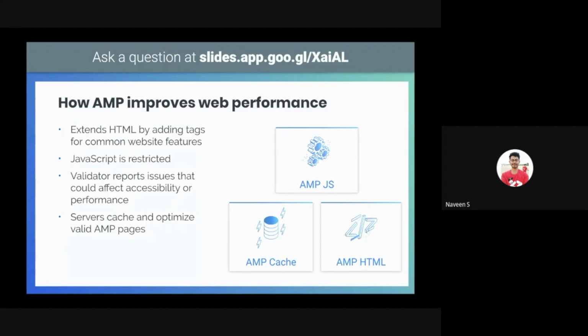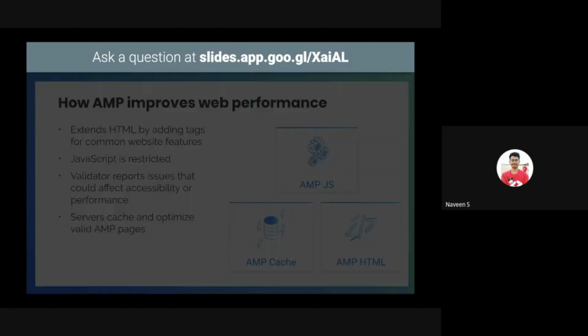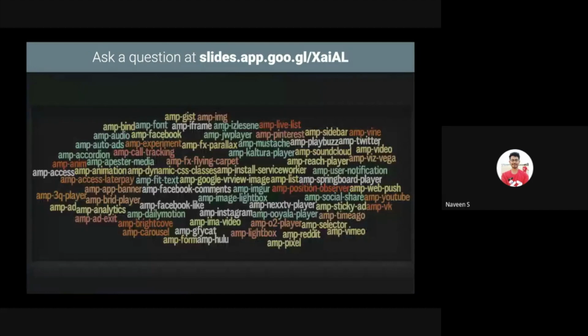And you also have AMP Cache. So if your site is going to be optimized well for mobiles and you use AMP for that, your page will be cached on AMP servers, right? So that's how AMP helps you as a developer, and it provides a great user experience.